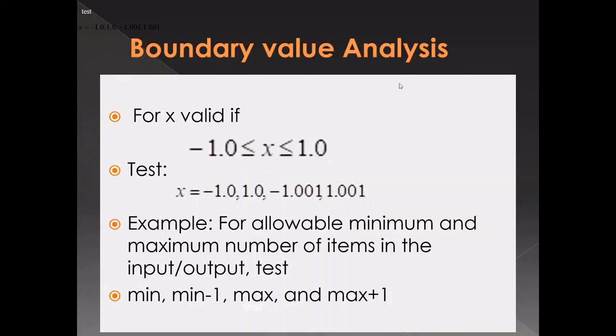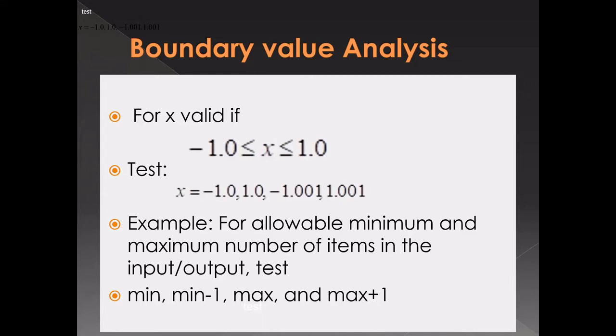One is boundary value analysis. For example, say it is given that x is between minus 1.0 and plus 1.0. So if the input is given like that, you have to check the boundaries, whether the system only accepts x like this.